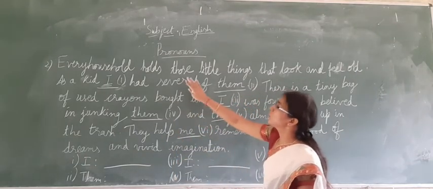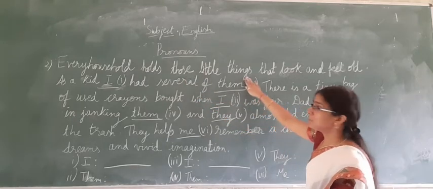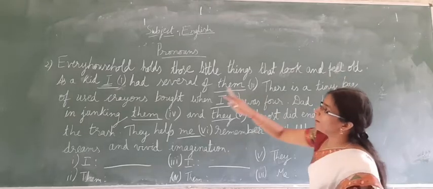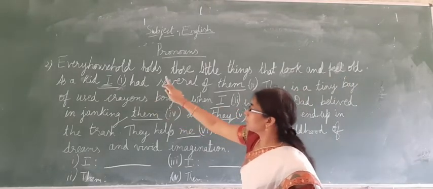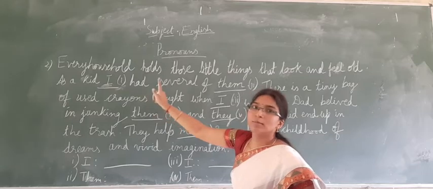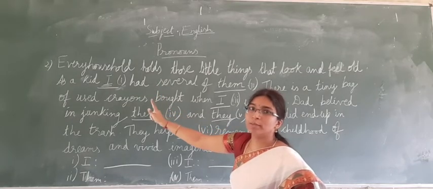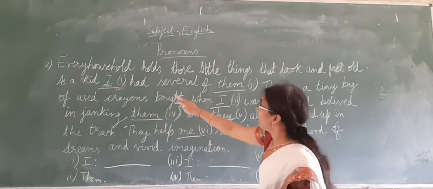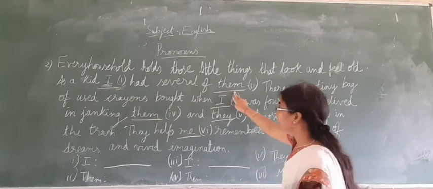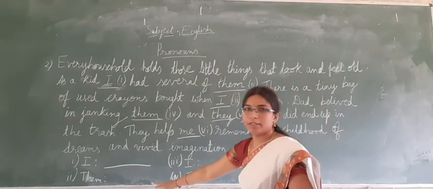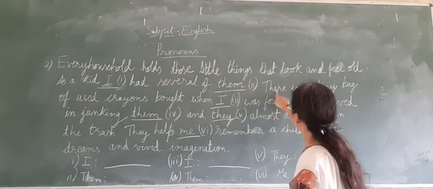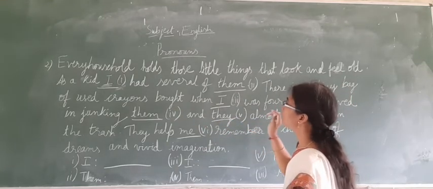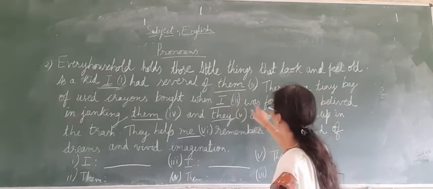Every household holds those little things that look and feel old. As a kid, I, that's I, is the first pronoun that needs to be replaced with a noun in this passage. Had several of them. Them is the second pronoun. There is a tiny bag of used crayons bought when I was 4.